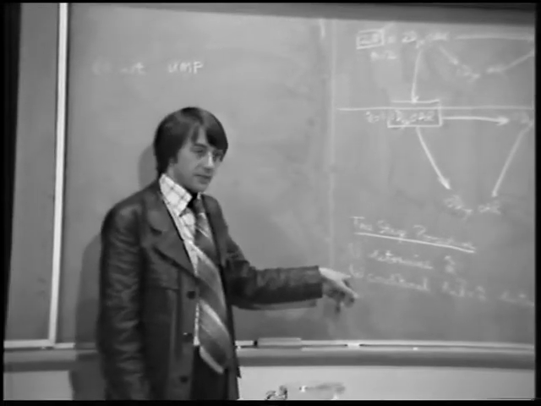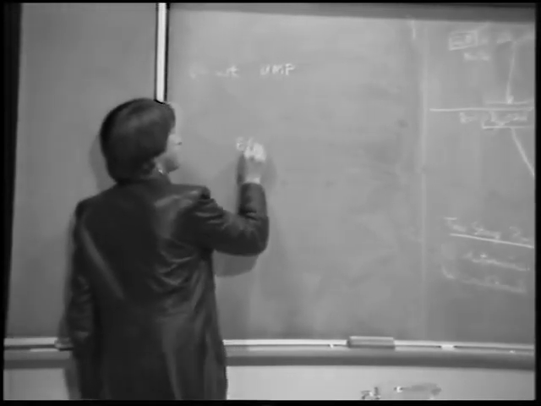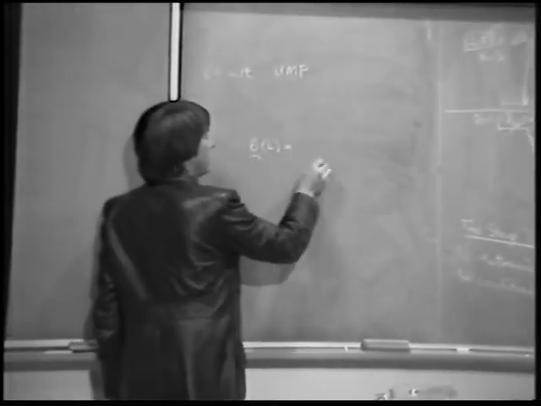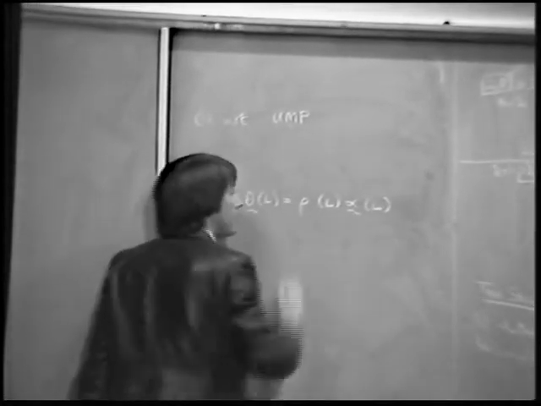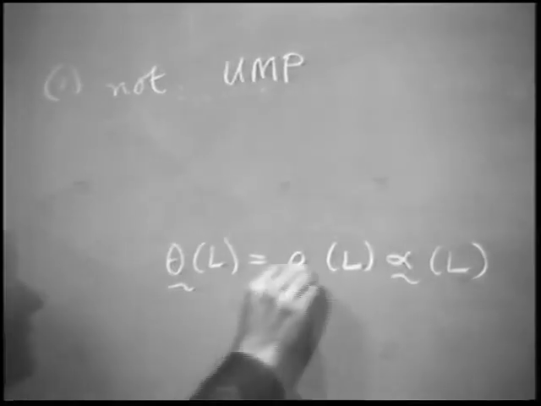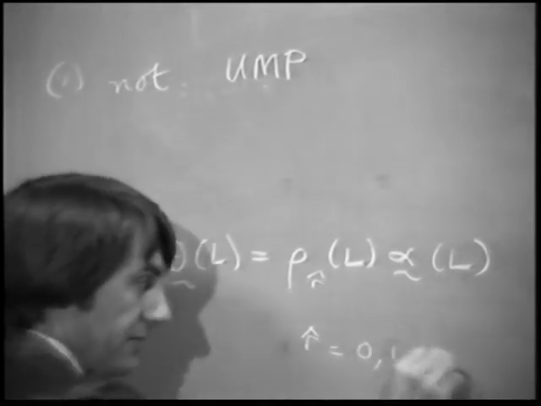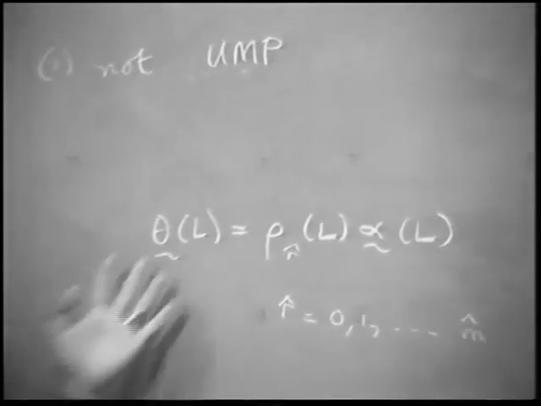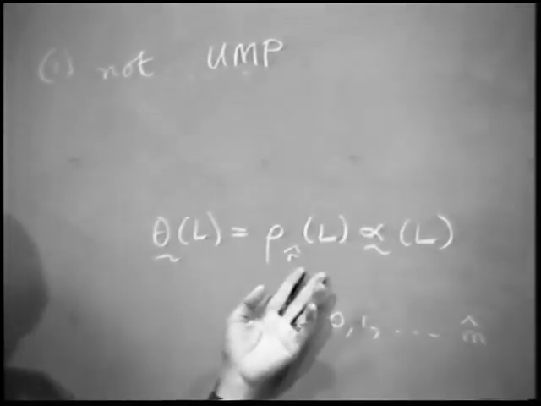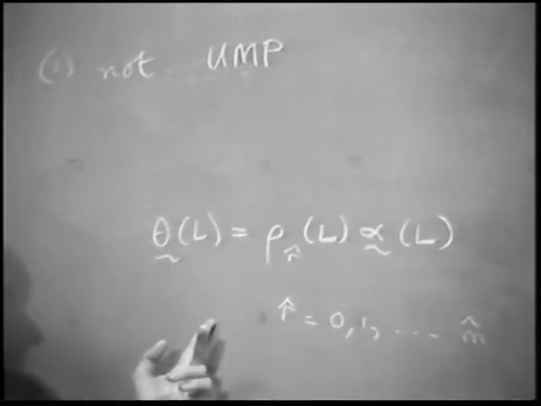When we come to the second stage, because of the structure of the hypotheses, which are uniquely ordered when r hat goes through from 0 to m hat, we can again find a uniformly most powerful test for that sequence of hypotheses.